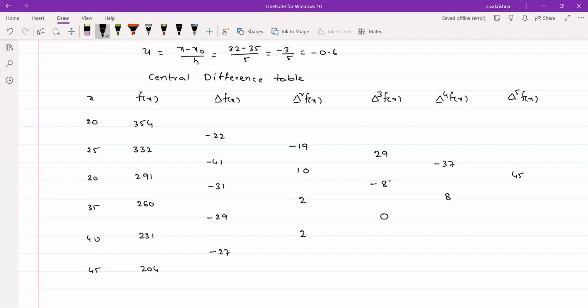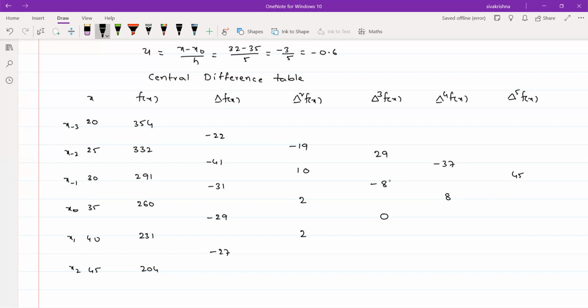Since we have chosen x naught as 35, we have to write the value 35 as x naught, and the values below x naught should be named as x1, x2 and so on, and the values above x naught should be named as x suffix minus 1, x suffix minus 2, x suffix minus 3, and so on.